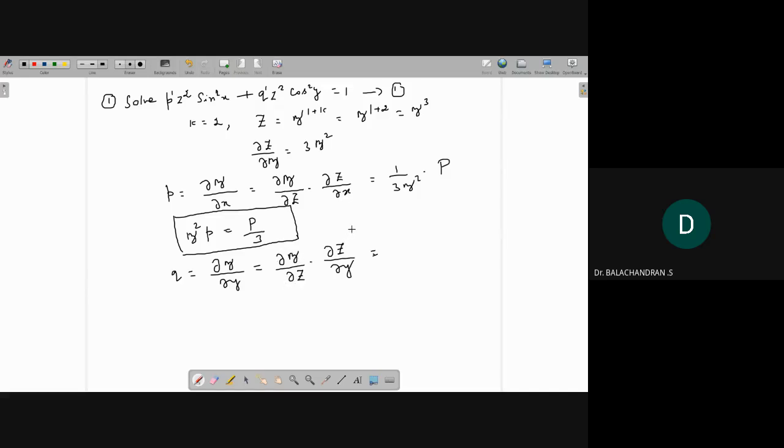This is equal to 1 by 3Z square and dou capital Z by dou small y is capital Q. Now if you cross multiply, you will get Z square Q equal to capital Q divided by 3.